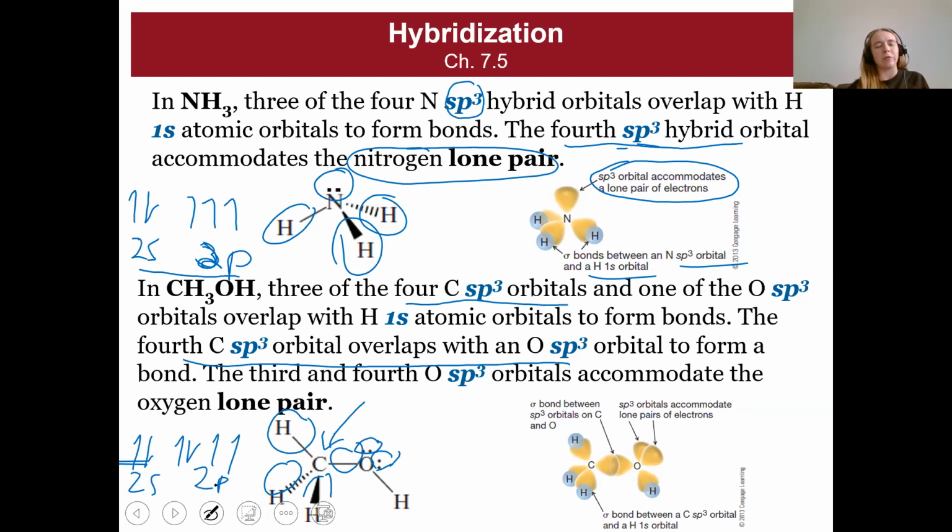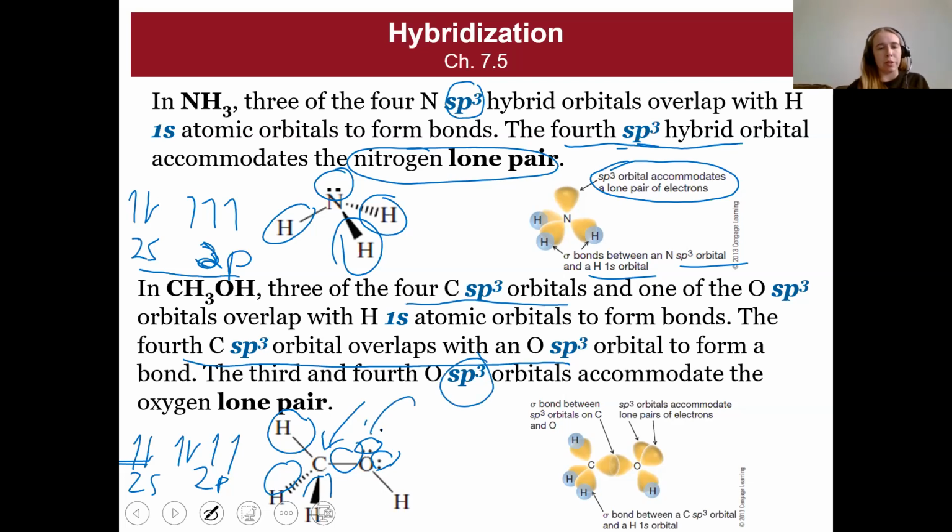So now we only have two unpaired electrons to form bonds, but all of the orbitals on oxygen are going to be the same energy, so that our bonds and our lone pairs are all equally distributed. They wouldn't be equally distributed if they weren't all the same energy. So we need to hybridize. Even though we have only got two unpaired electrons to make bonds, we still hybridize and make sp3 orbitals.